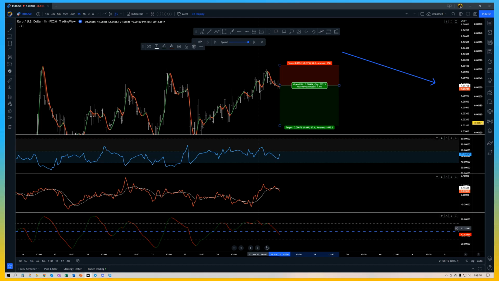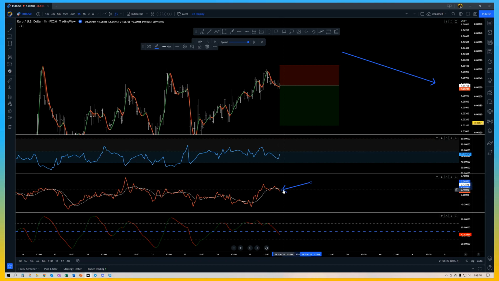So you're going to usually have one indicator or one signal that tells you when to close your trade. And in this particular strategy, we use this indicator right here. This is the indicator that tells us when to close.